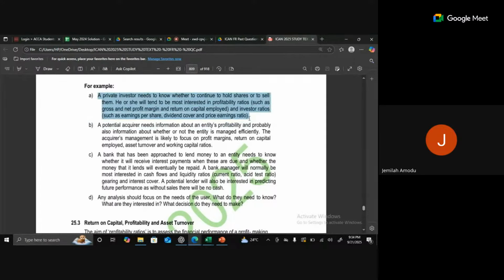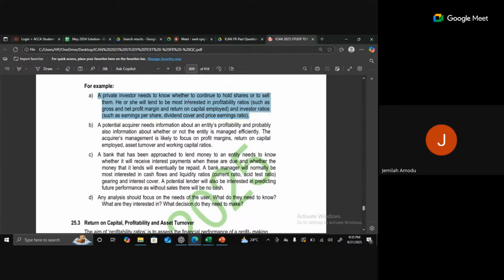By the time they paint one scenario that somebody wants to invest in this social company, from there you should know that you just have to put yourself in the shoes of those investors. If you are the one that wants to invest in a company, what are those things that you look out for? What are those things that you would most likely be interested in knowing about that company before you take a dive, right?